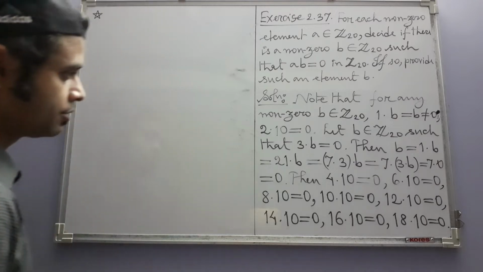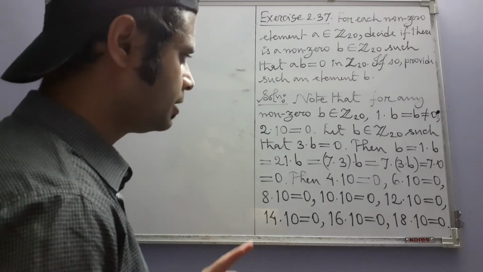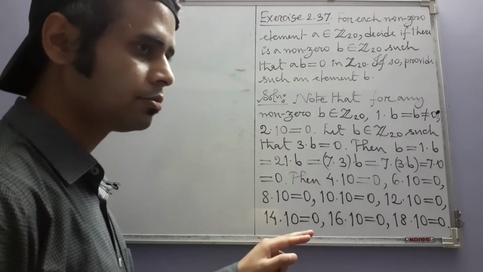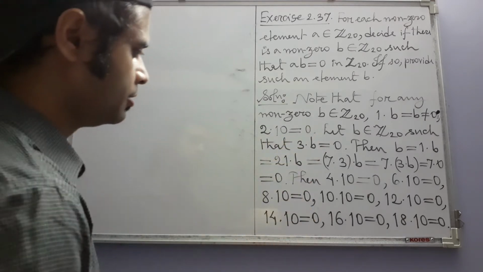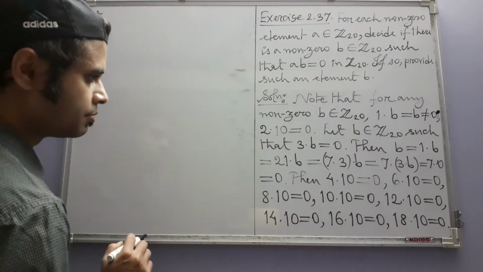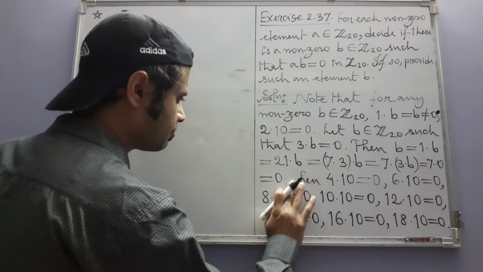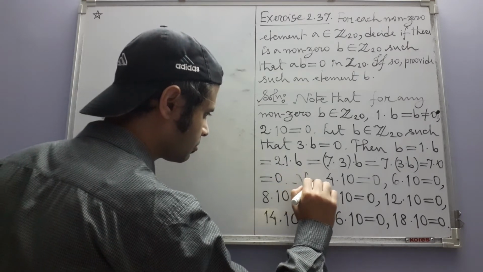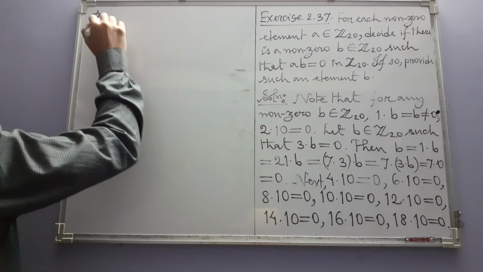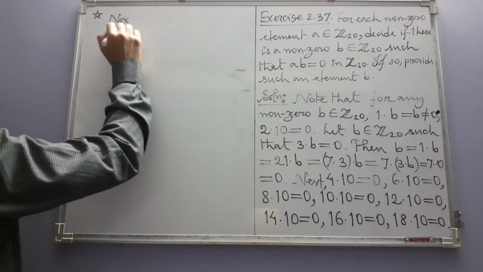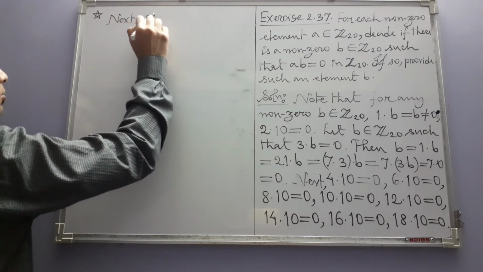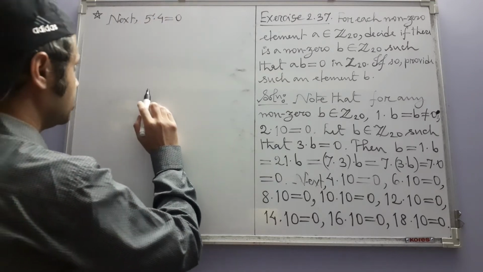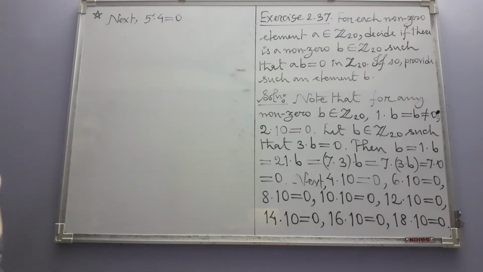For 5 also, just like 2 times 10 is 20, 5 times 4 is also 20. Next, 5 times 4 is 20 and hence it's 0. So we have taken care of 5.